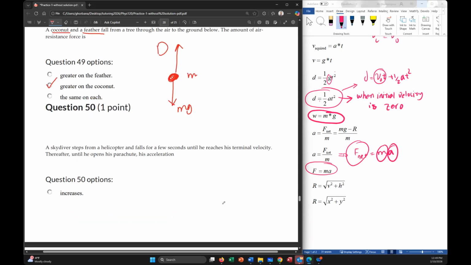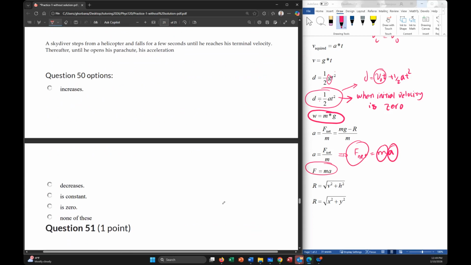50. A skydiver steps from a helicopter and falls for a few seconds until reaching his terminal velocity. Thereafter, until he opens his parachute, his acceleration, you know what happens? You jump and don't open the parachute.